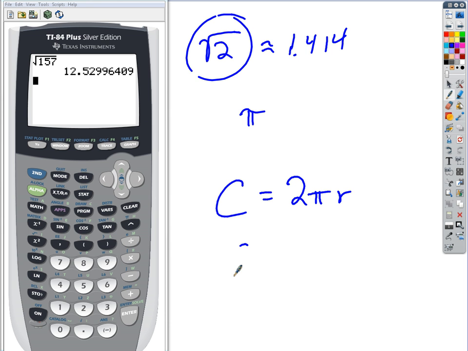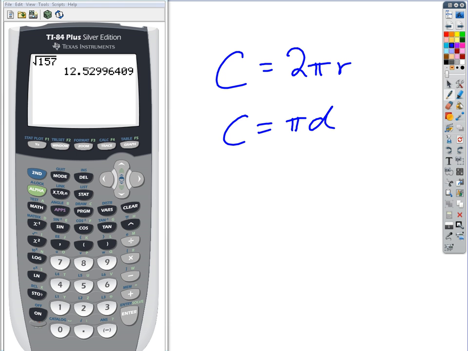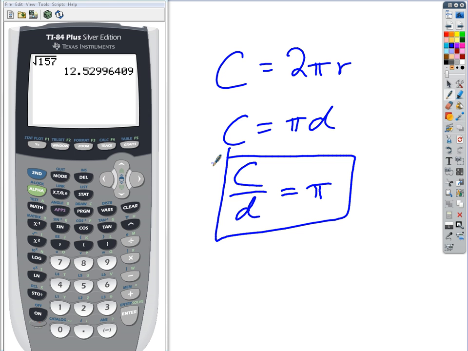I could also write this as pi times the diameter, if I just glob the 2r together and make it a d, right? So if I solve for pi there, if I divide both sides by d, would you agree that pi is equal to c over d? That's a really important answer, because did I specify how big the circle was?